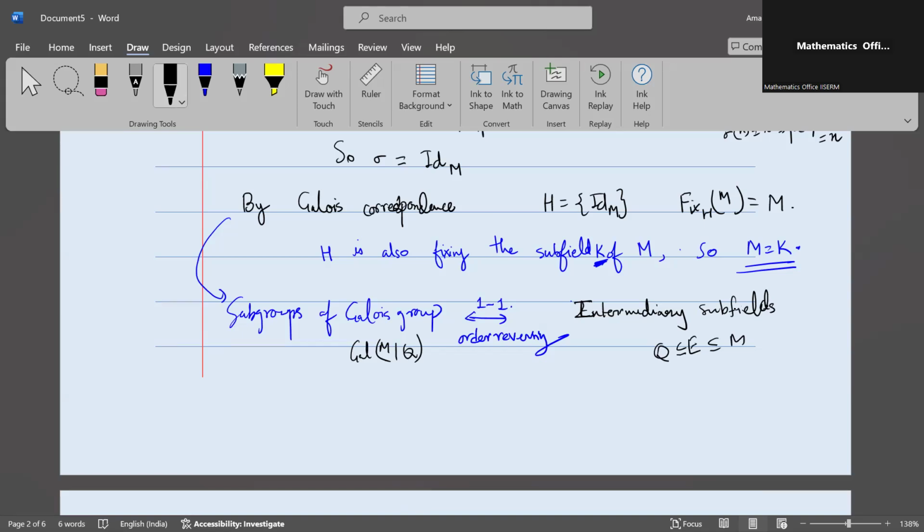And what is the relation? Any subgroup H goes to M^H, which is the fixed field of M by H. And what is the other relation? Any subfield E goes to the Galois group of M over E.